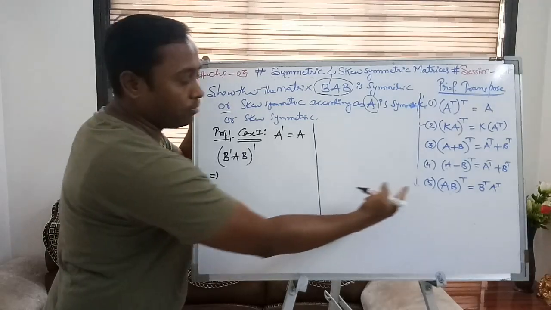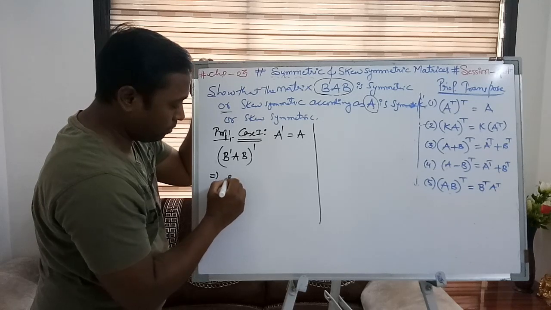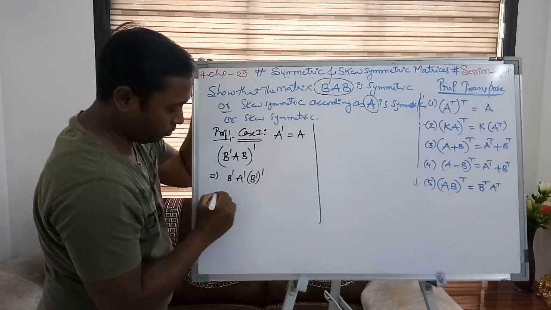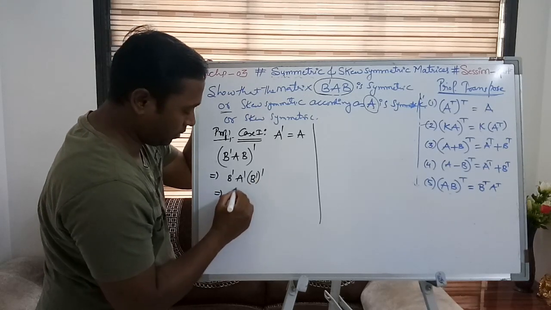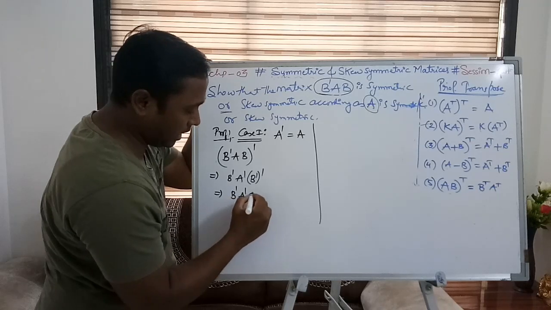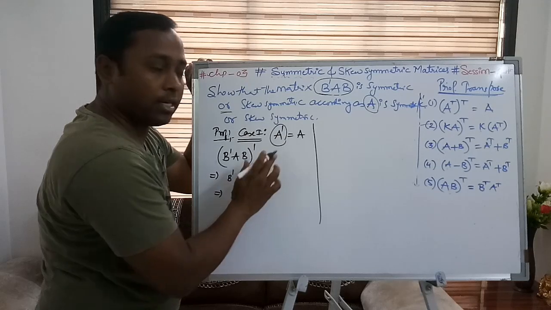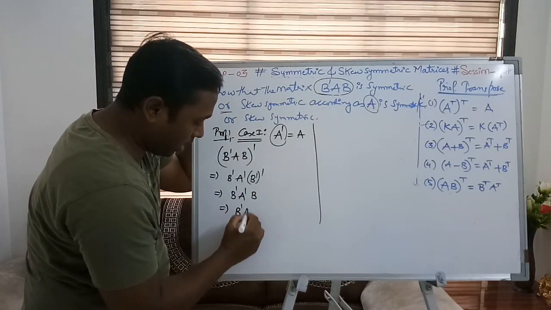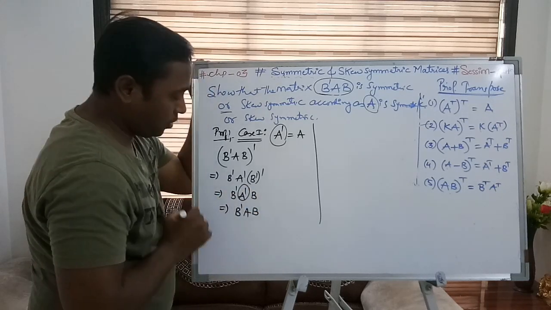It will be B transpose into A transpose into B transpose whole transpose. But transpose of transpose is the matrix itself. So hence B dash, A dash into B. But what is A dash? A dash is A. Hence I can replace this A dash with A, so B dash A into B.